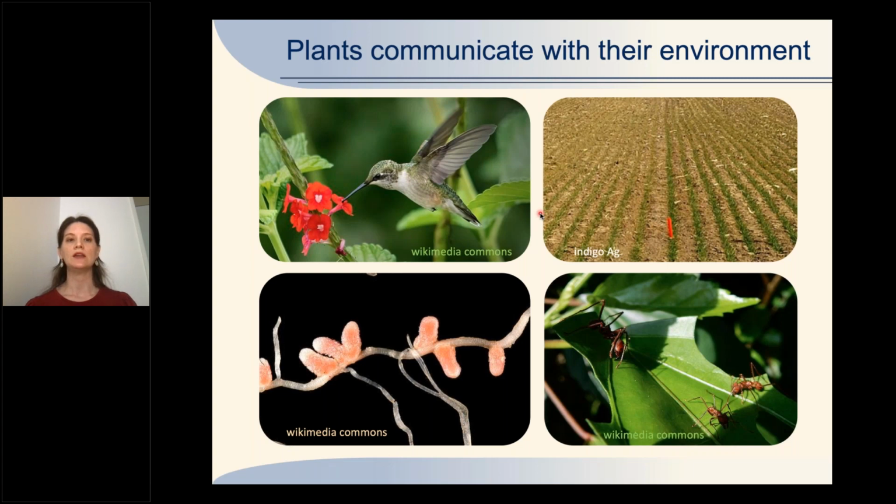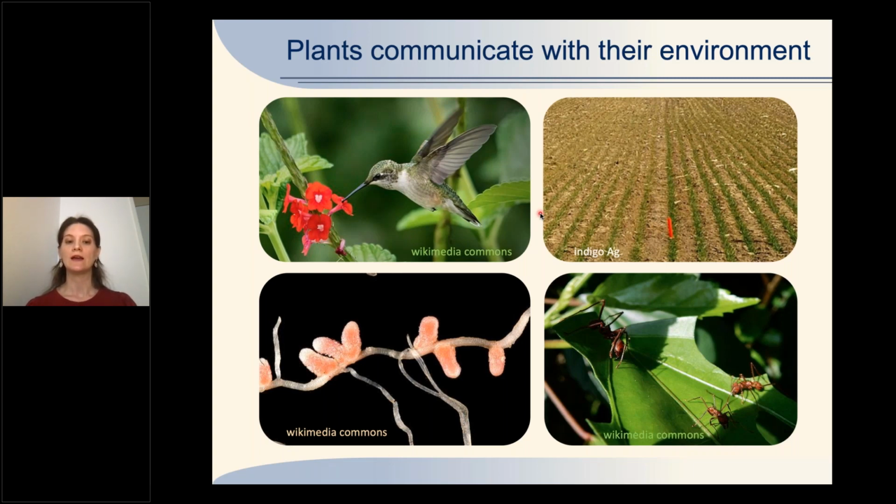So very broadly, plants interact with their environment via chemical cues a lot. For example, they attract pollinators via scent and via color of their flowers.